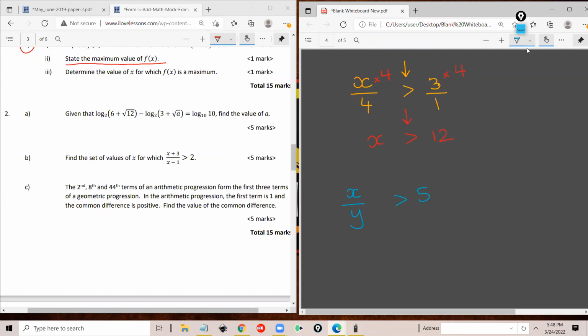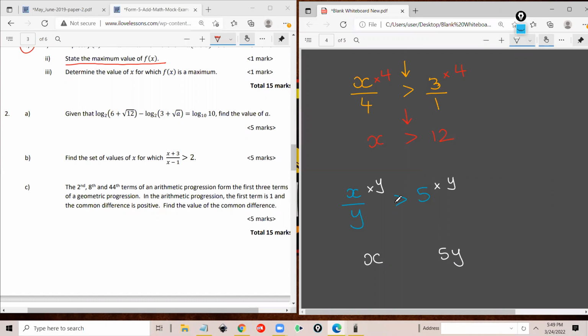So the next obvious thing to do now is to multiply both sides by y. That seems like our only resort. If I do that, the y and the y will cancel out, giving you x, and then you have 5y. Do I have to switch around the inequality? Yes or no? What do you all think? Because I multiplied both sides by y.